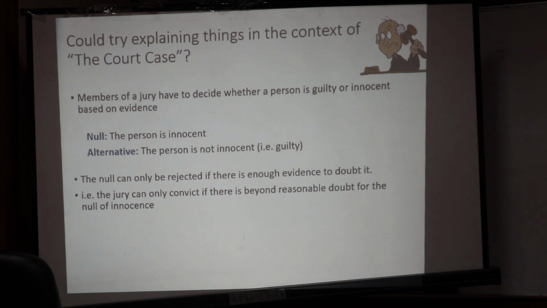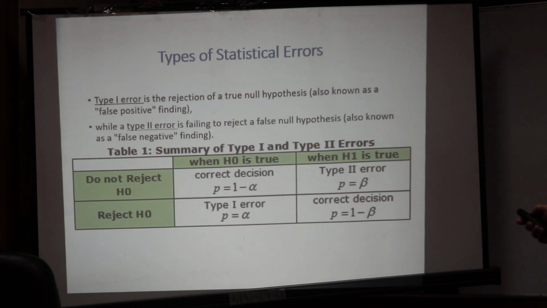This is the type of errors. We have two types of errors, either alpha or beta. What's the difference between alpha and beta? Can someone tell me the type 1 error, which is alpha error? When we reject the null hypothesis and it's true.